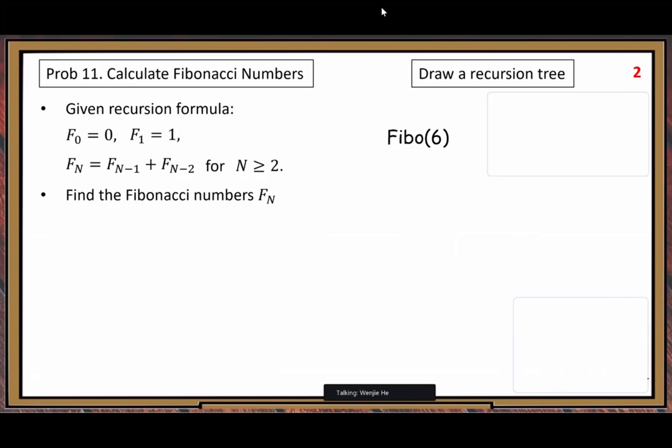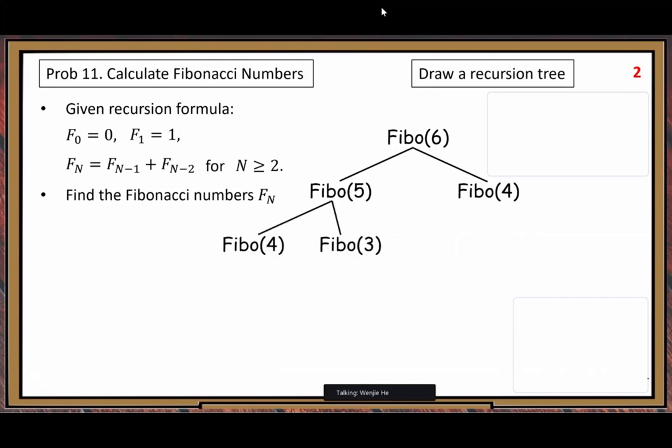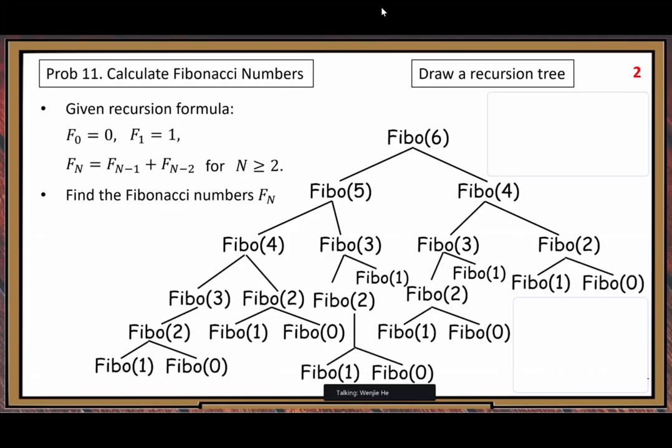Fibo of 6 is unknown, so we push it into the stack and we need to split. We need to know Fibo of 5 and Fibo of 4 before we can calculate Fibo of 6. But Fibo of 5 and Fibo of 4 are also unknown, so we need another round of splitting, 4 and 3, another round, Fibo of 3 and 2, and so on. Keep splitting until we know the Fibo numbers.